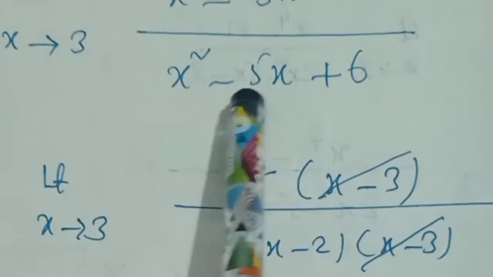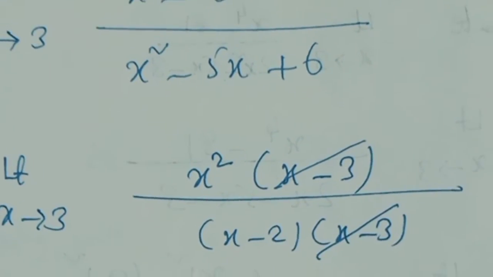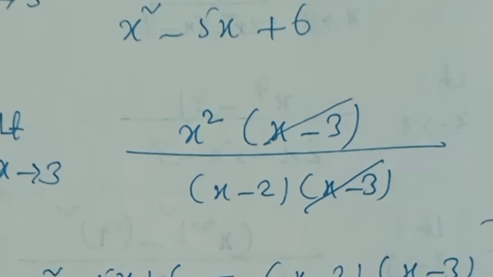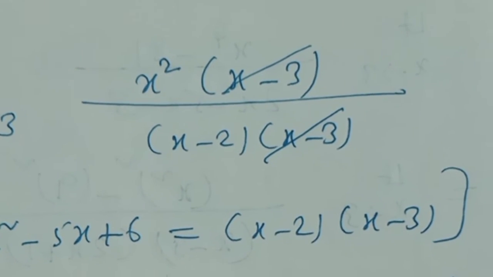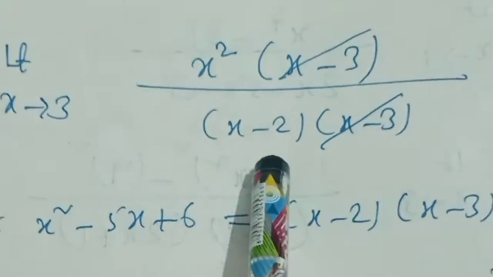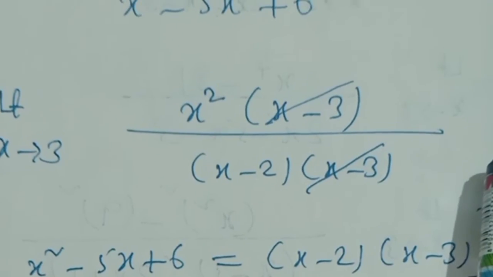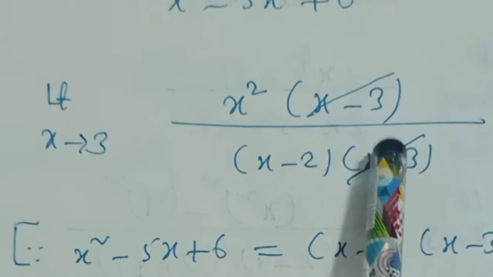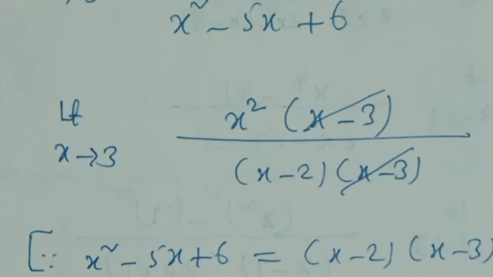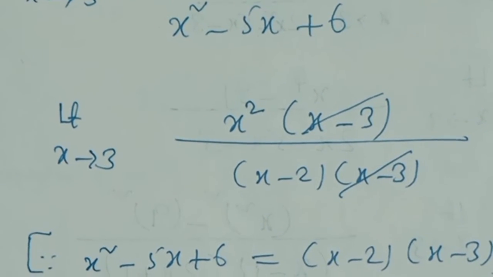The denominator also we factorize using the factorization method, and we get two factors, x minus 2 into x minus 3. The common factor is x minus 3, so those cancel. Finally we get limit x tends to 3 of x square by x minus 2.